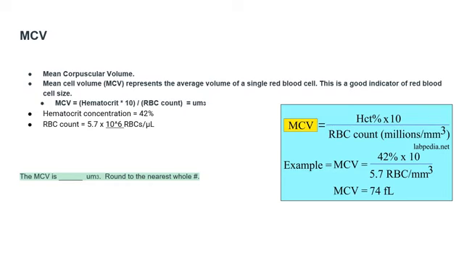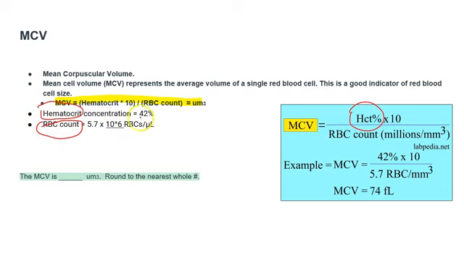For the MCV also, we are going to give you the equation, which is the hematocrit percentage multiplied by 10 divided by RBC count, where the unit for RBC is million per microliter. So you only need these two numbers, the hematocrit and the RBC count.